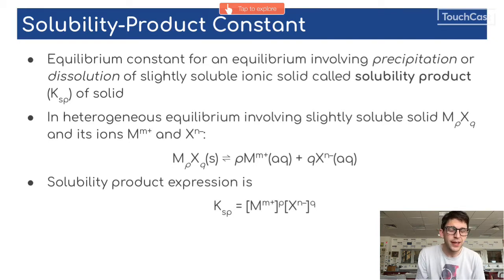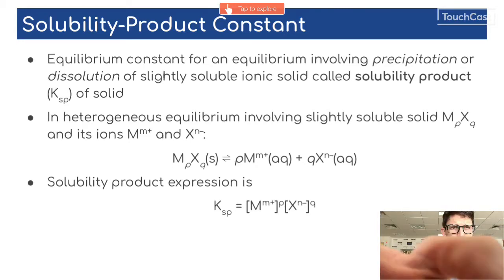Now, why is that? Well, if you remember from the class that I was here, things like solids and pure liquids are not going to change their concentration. And when we're looking at equilibrium expressions, we're only interested in the species that will be changing concentration or partial pressure. We're not going to talk about partial pressure here because it's really not relevant. So because of that, we're only looking at the products, in this case, the ions that are formed.